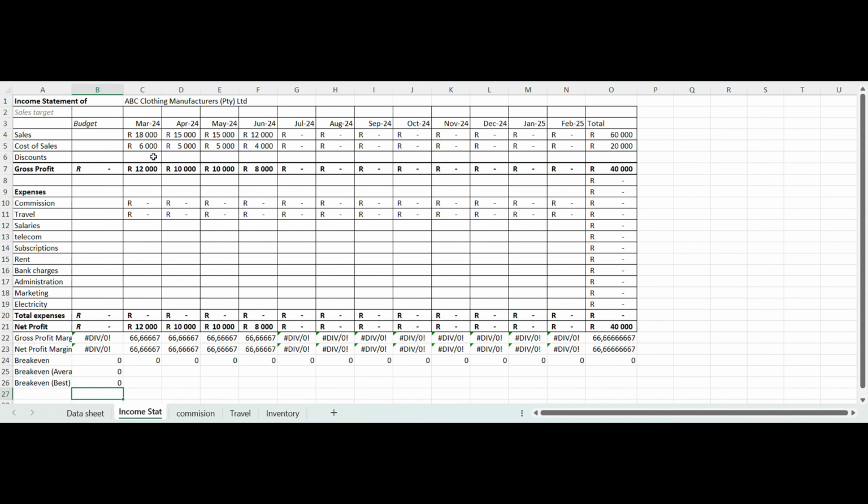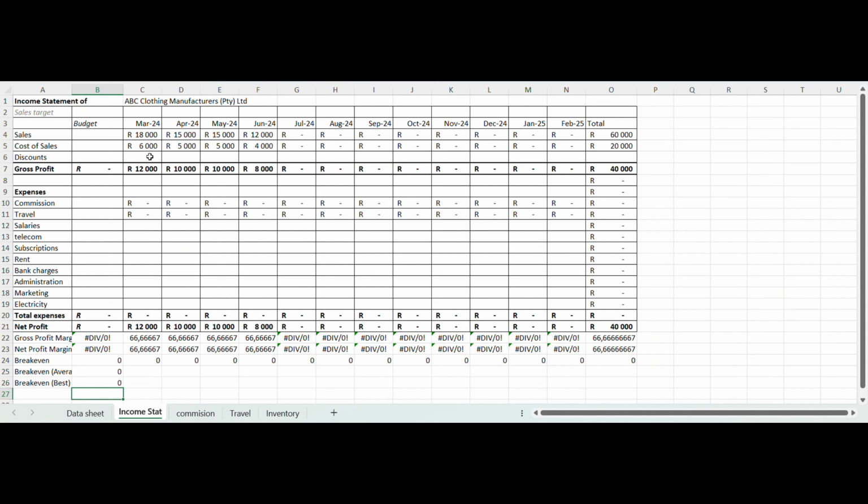So you can see, based on the number of dresses I added, for March the sales is 18,000, April 15,000, May 15,000, June 12,000. Similarly, the mentee can go back and fill in the number for the rest of the months. It calculates your cost of sales and it calculates your gross profit. So here you can see the gross profit is 12,000 Rand for March.